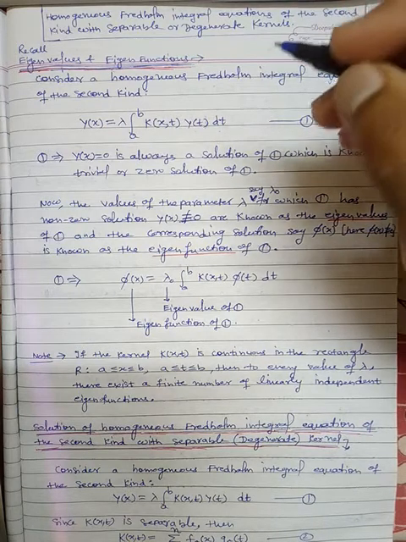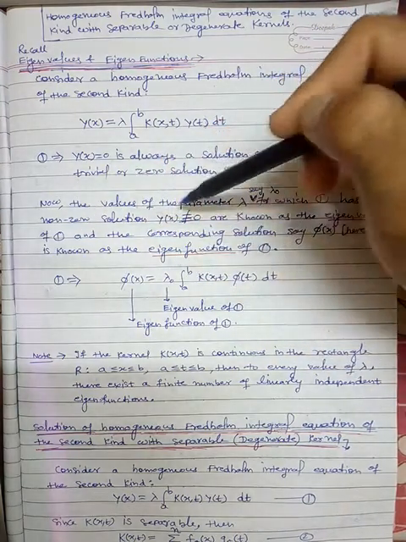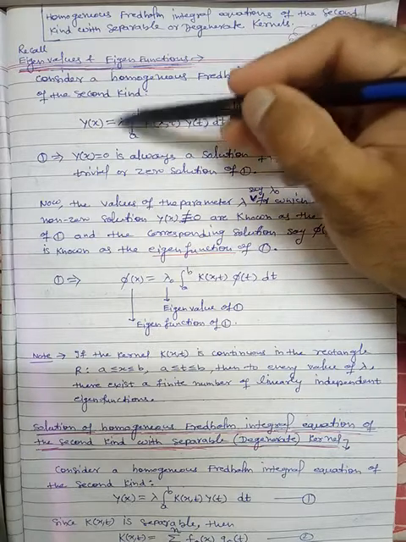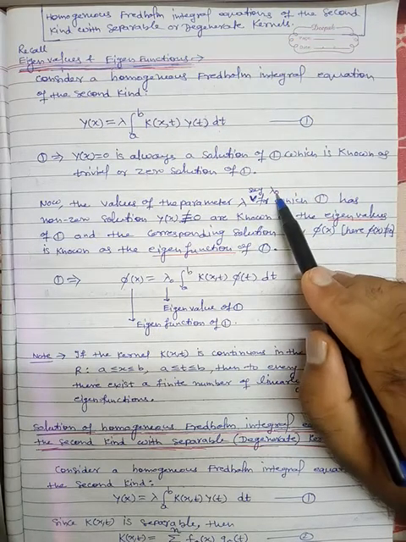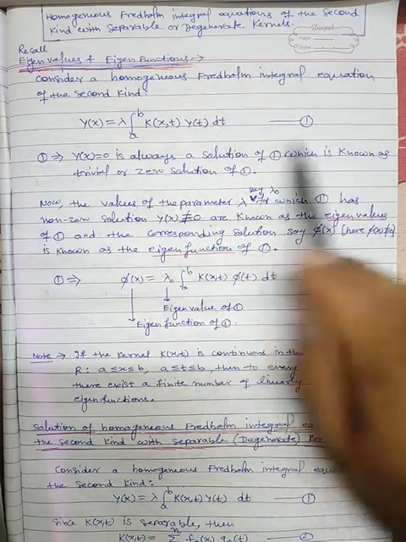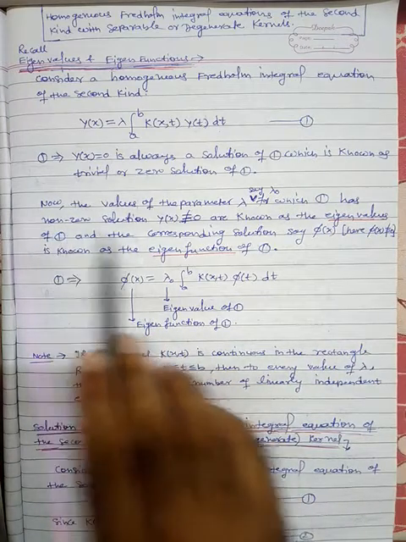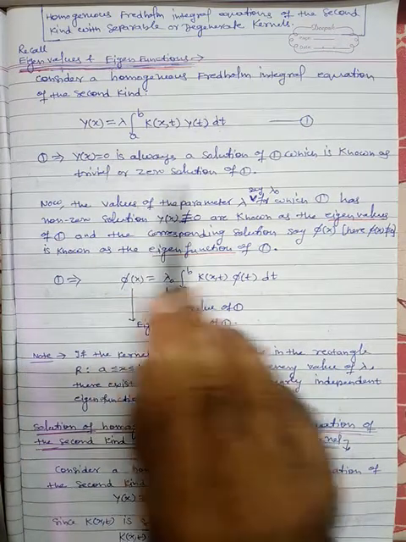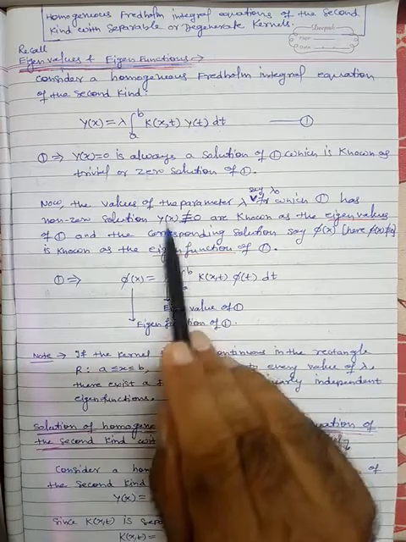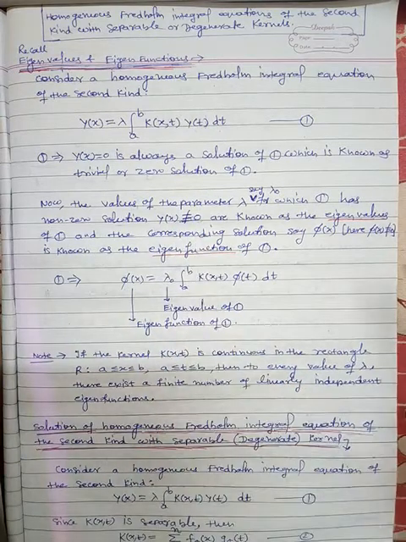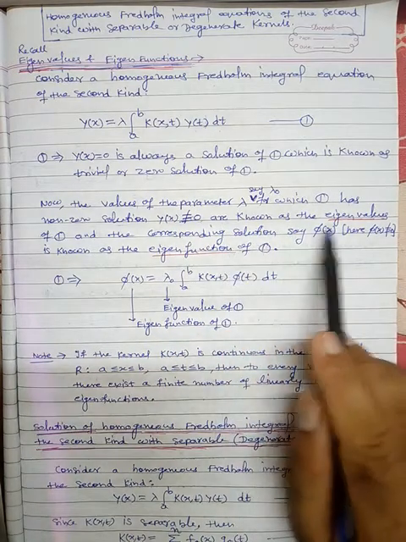Fine. So the values of the parameter lambda, say lambda naught, for which equation number 1 has a non-zero solution, that means y(x) not equal to 0, are known as the eigenvalues.